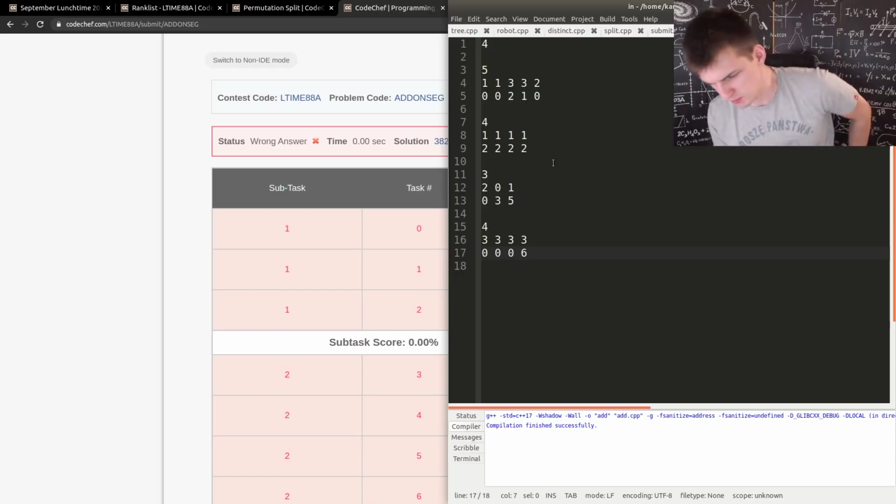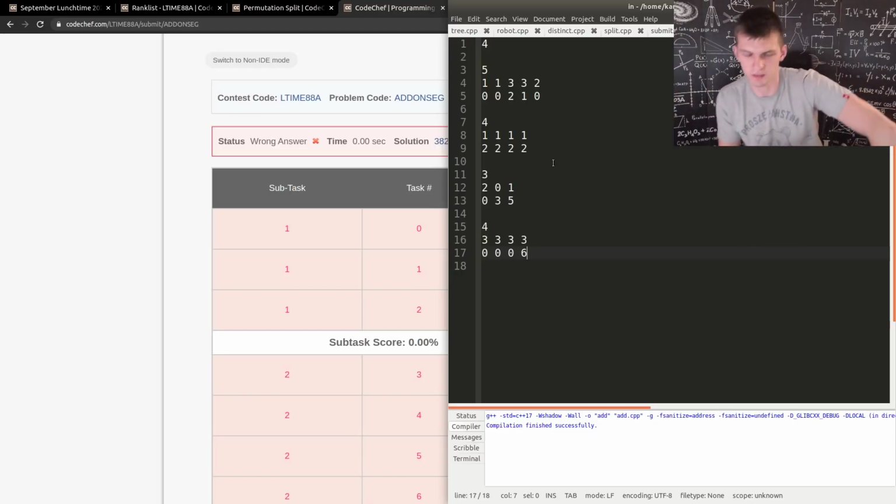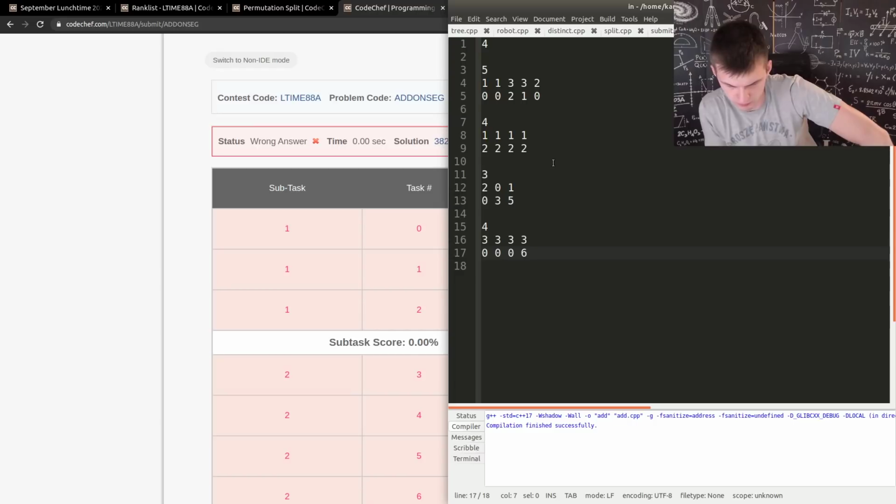If this is divisible by GCD, then I can indeed do things. Well, maybe n matters as well.